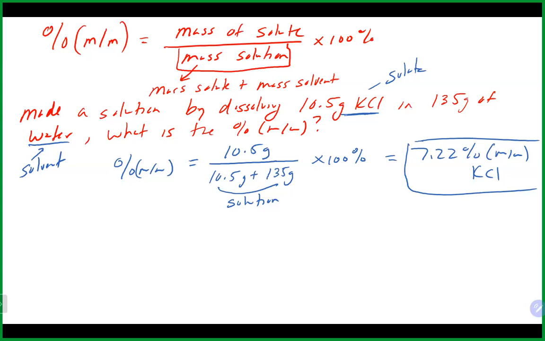Now, if you are given a percent by mass of a solution, you could use it like a conversion factor, just like we talked about using the molarity as moles per liter or liters per mole. You could turn that percentage into a usable conversion factor. So we'll take the example we just did.